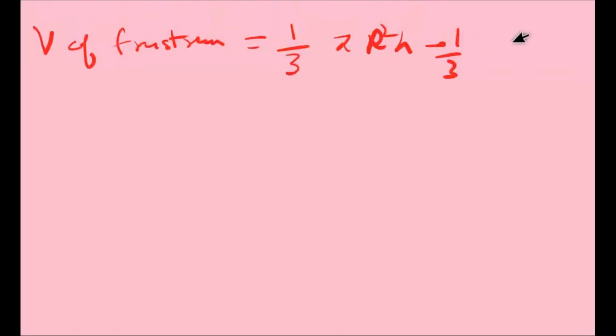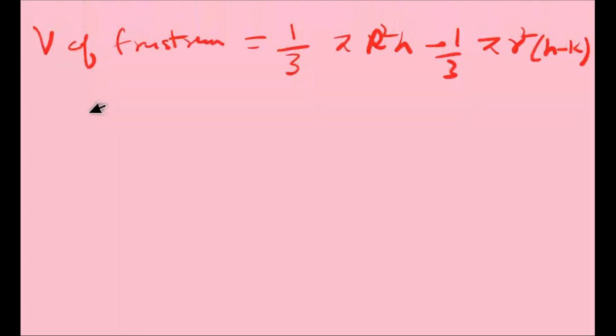Okay, so now the volume of the frustum equals 1 by 3 volume of the big cone, that is pi R square h, minus the volume of the small cone, that is pi r square, and that height will be h minus k.